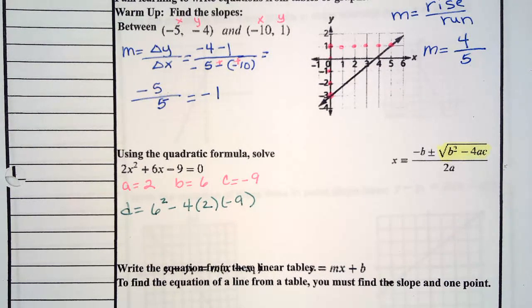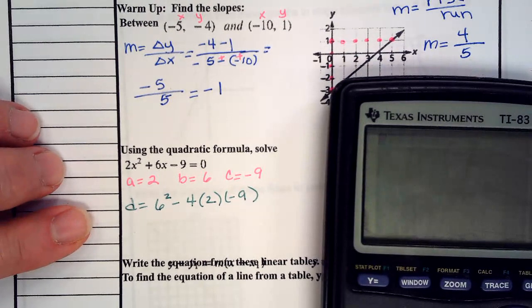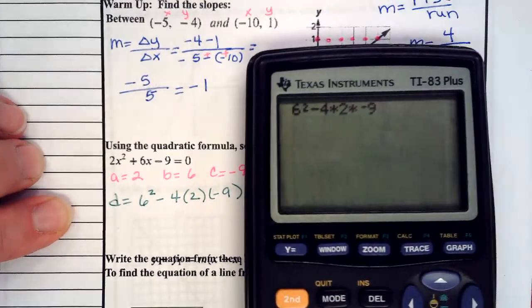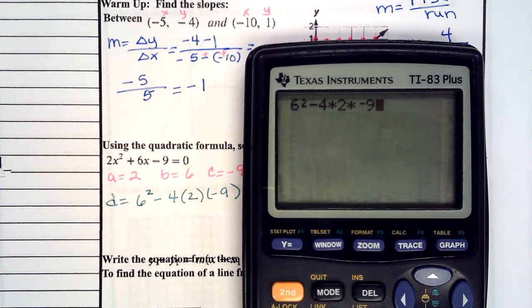For the discriminant, I use my calculator because the numbers can get pretty big at times. So 6 squared minus 4 times 2 times -9 gives me 108.